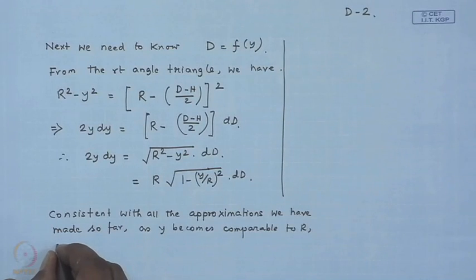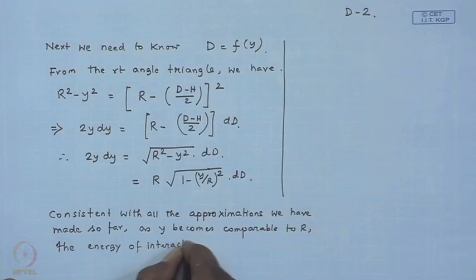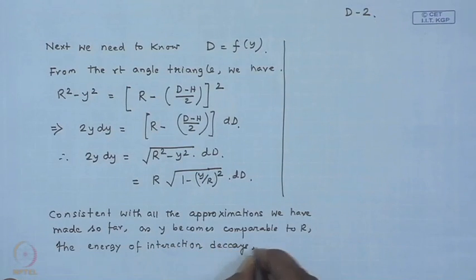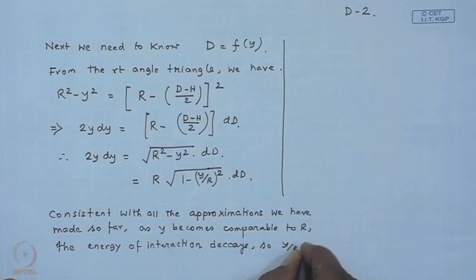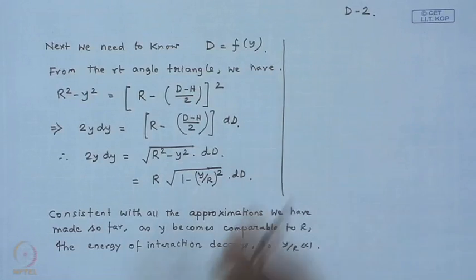So, y by r becomes much smaller than 1. What we want to do is we would like to retain the interaction in the vicinity of the minimum separation distance.